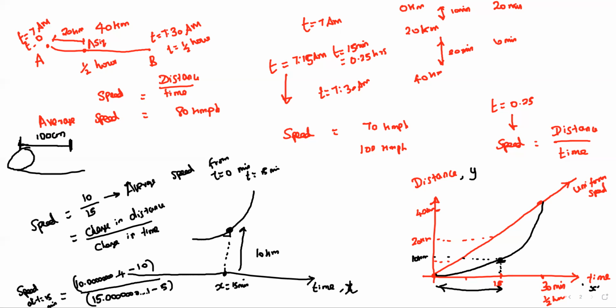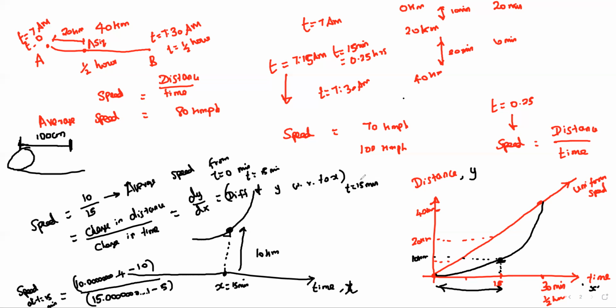That is change in distance by change in time, which we write as dy by dx, the differentiation of y with respect to x at t equal to 15 minutes.